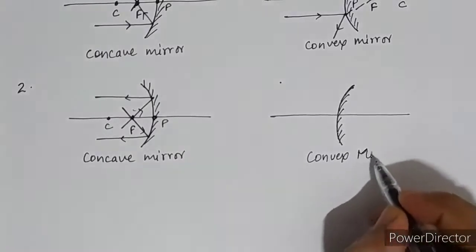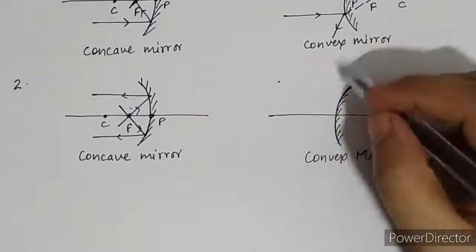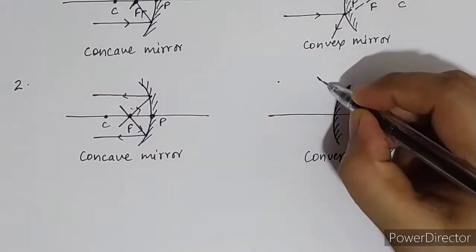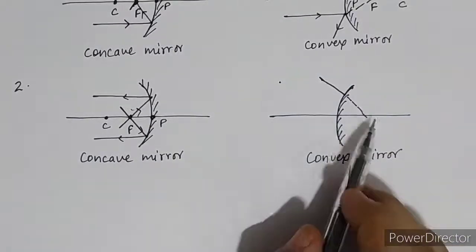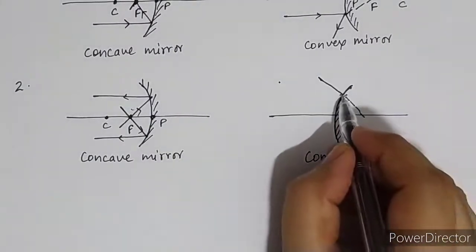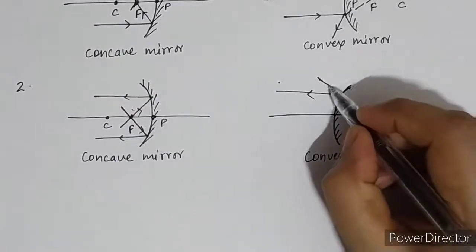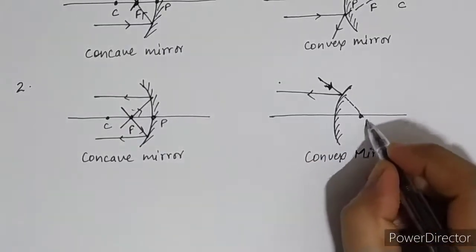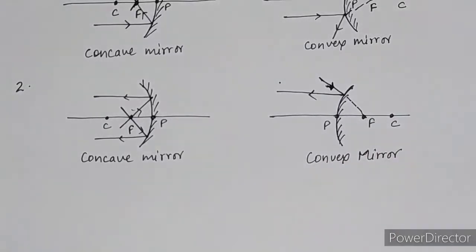In this, when the light rays are coming through the focus like this, they reflect back and become parallel to the principal axis, with the focus point, pole and the center of curvature.